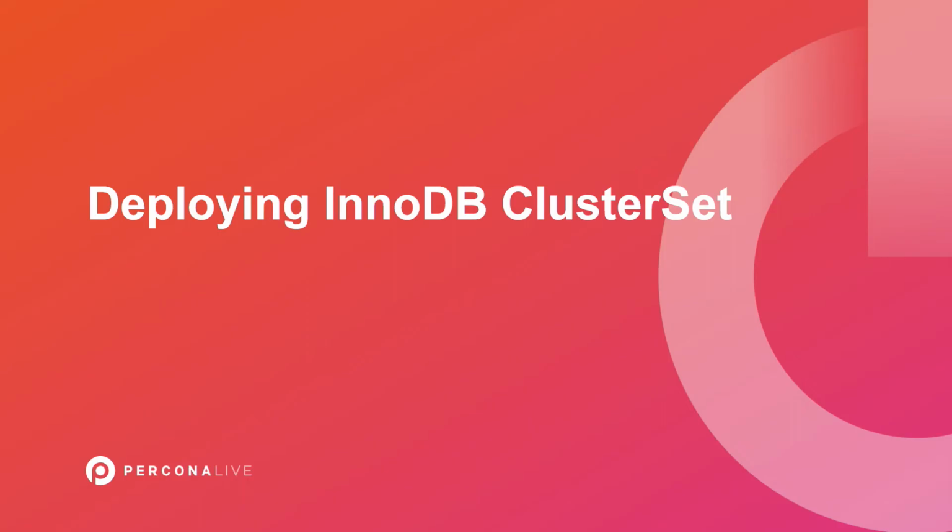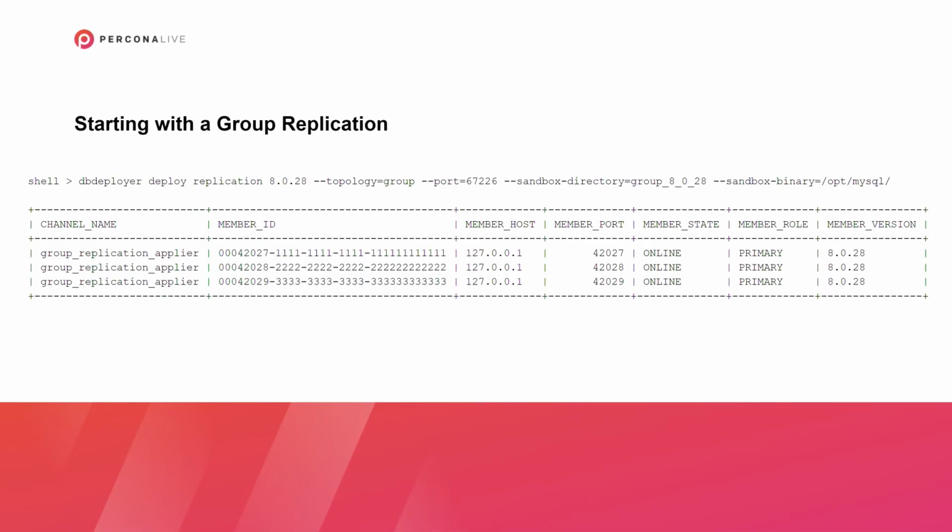So to deploy InnoDB cluster sets, I started this. We use DBdeployer in support for most automations and testing, and it has a command that deploys a group replication. So we're starting from a group replication, then we build an InnoDB cluster, and using the InnoDB cluster, we build the cluster set.